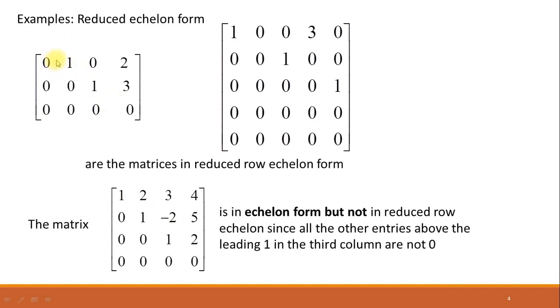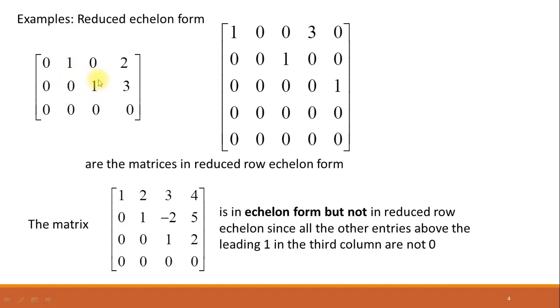Similarly, in this matrix, this is the first non-zero entry, and before this non-zero entry there is 1 zero, and in this row, this is the non-zero entry, before which there are 2 zeros, and there are 4 zeros. So the number of zeros increases row by row. So this matrix is in echelon form, and since in this matrix this is the non-zero entry, in this column all other entries are 0.